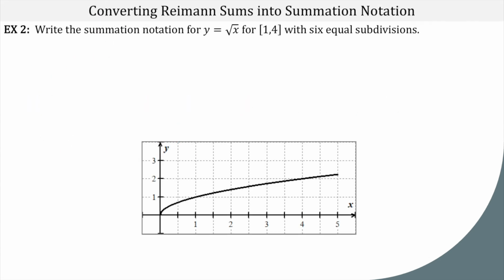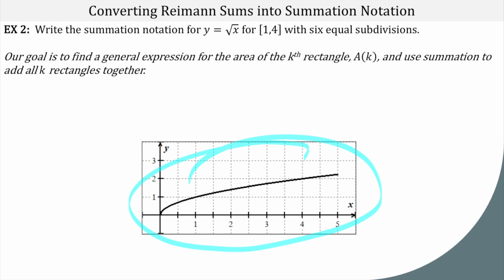So now we're going to take this graph, we're going to create some Riemann rectangles and put that into summation notation. More specifically, our goal is to find a general expression for the area of the kth rectangle and use summation to add all k rectangles together.